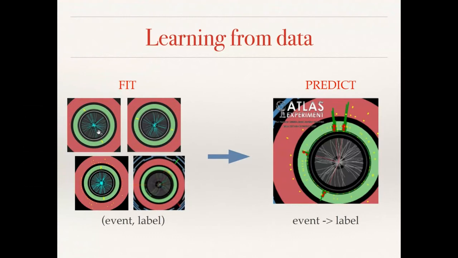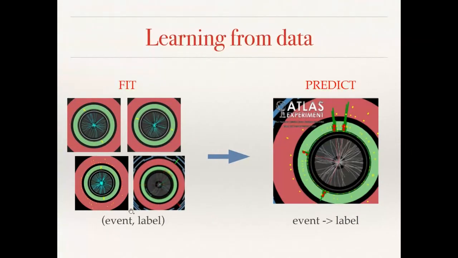For example, this event corresponds to Higgs production in the LHC, or dimuon production. This event corresponds to standard model production of Z. These events and so on and so forth.